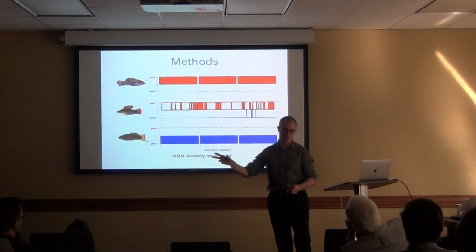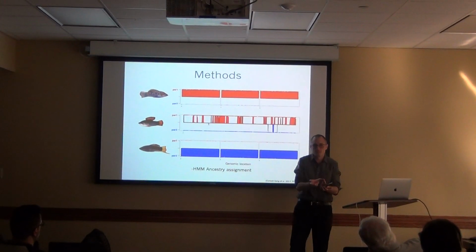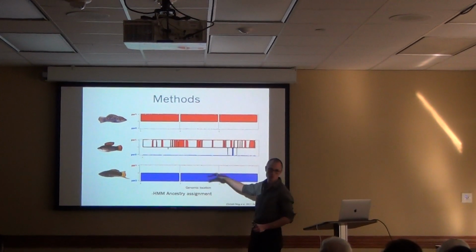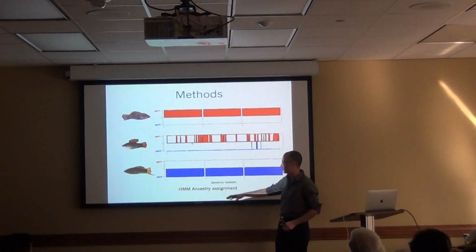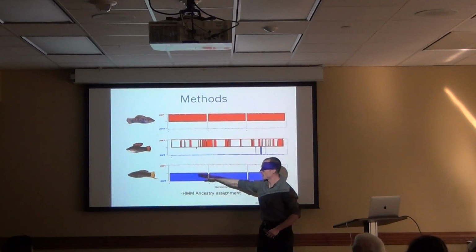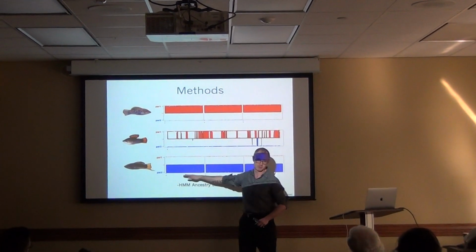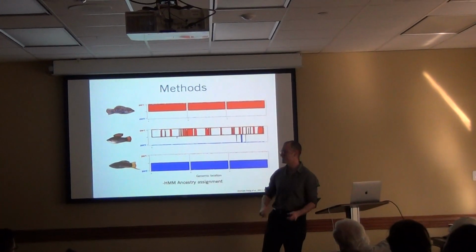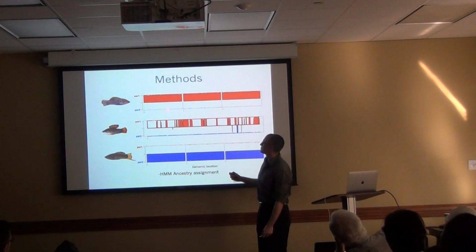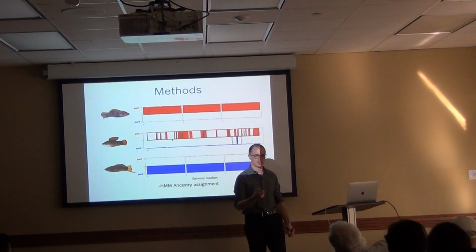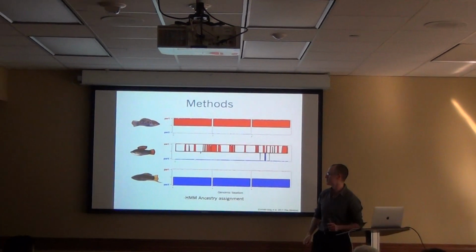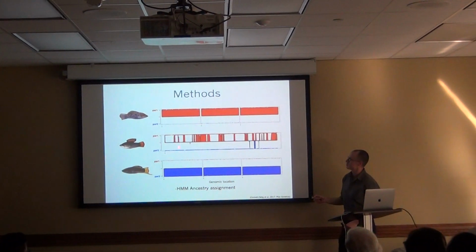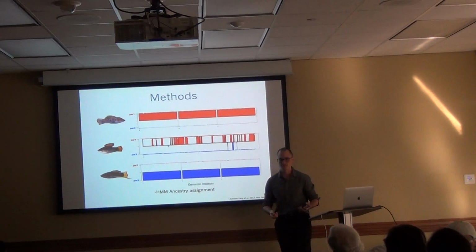So I'm going to take a piece of one hybrid genome, and then this program will compare it to each of these 2 parental genomes, and using probability will tell me, well, there's a high probability that this part of the genome is coming from Malinche. So it's going to give me number 2. And if it's telling me that it's coming from Birchmanni, it's going to give me a 0. It's like high probability of ancestry. In these hybrids, if there's high probability of coming from both, I'm calling it heterozygous, so it's going to give me a 1.